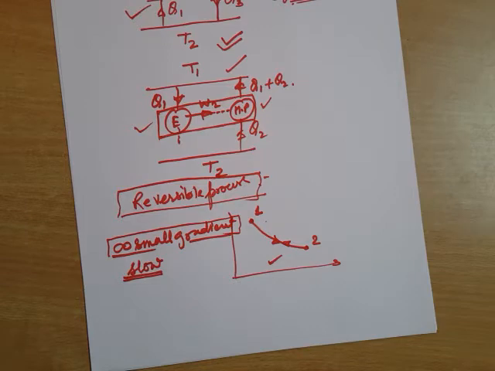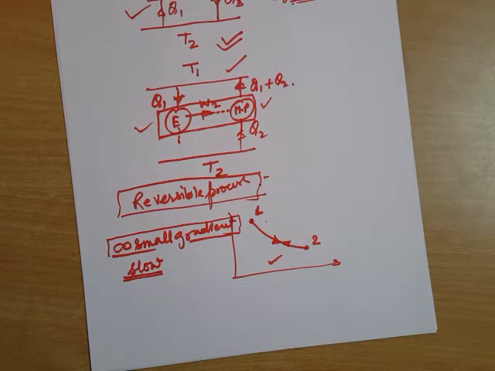Why? Because we are not allowing that process to occur with its natural rhythm. We are playing with its rhythm, or ultimately we are playing with the time. So time is a very crucial, very important parameter in deciding whether a process is reversible or irreversible.